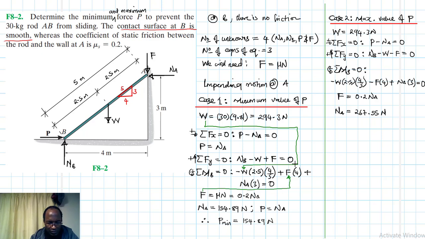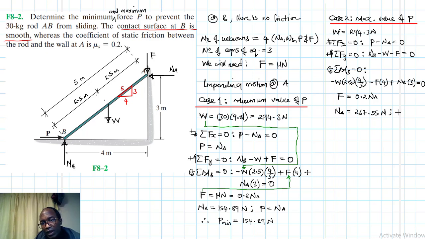That's 294.3 by 2, divided by minus 0.2 by 4 plus 3. Alright, 267.55.